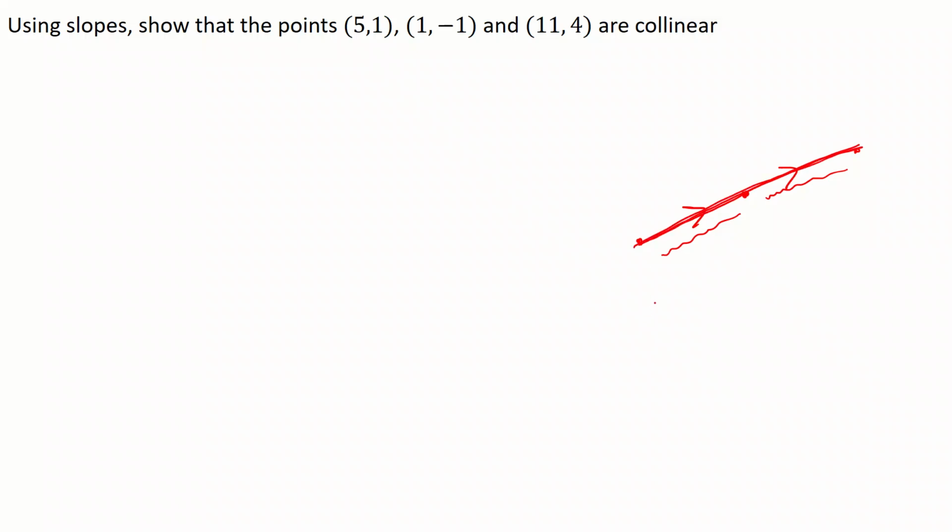So I have 3 points, these and these. The slope of this and this should be equal to the slope of this and this. Let's check whether it turns out to be equal or not.